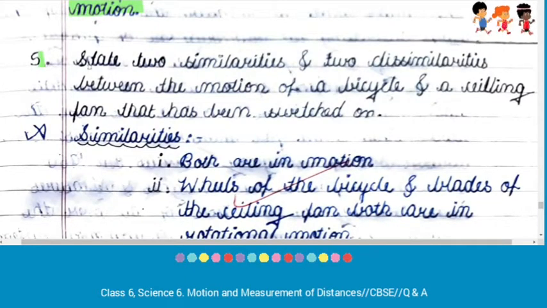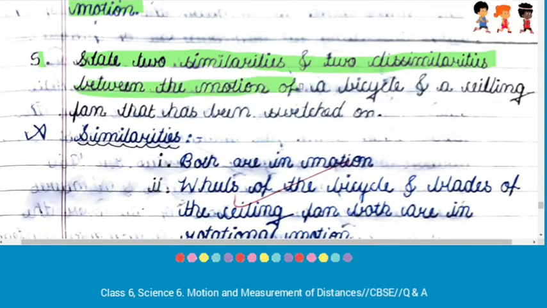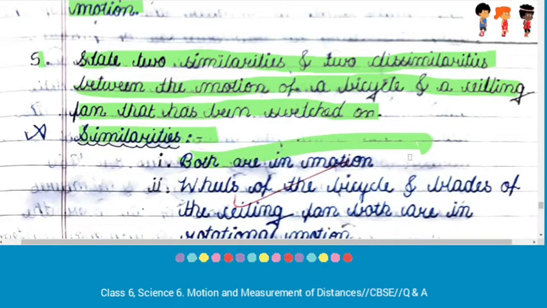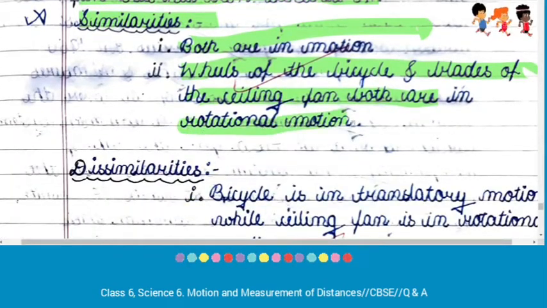Fifth question, state two similarities and two dissimilarities between the motion of a bicycle and a ceiling fan that has been switched on. Similarities, both are in motion, and second similarity is wheels of the bicycle and blades of the ceiling fan both are in rotational motion.